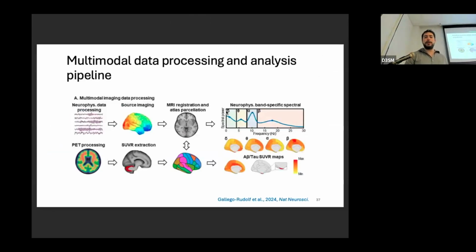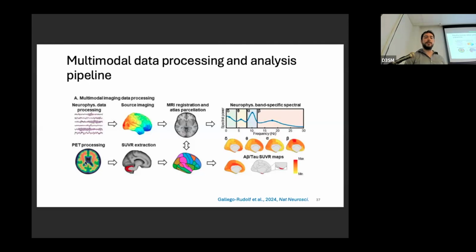So this figure summarizes the multimodal data processing and analysis pipeline. So in terms of the MEG, as I mentioned, we go through the pre-processing of the signals first in order to filter the data, get rid of the artifacts, do the alignment with the MRI, then we can project these signals into the source space or into the cortical surface. And we can align this with the MRI and use different parcellations based on the type of analysis we want to do.